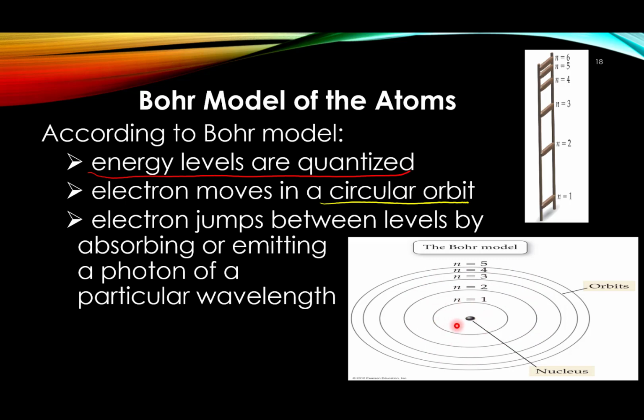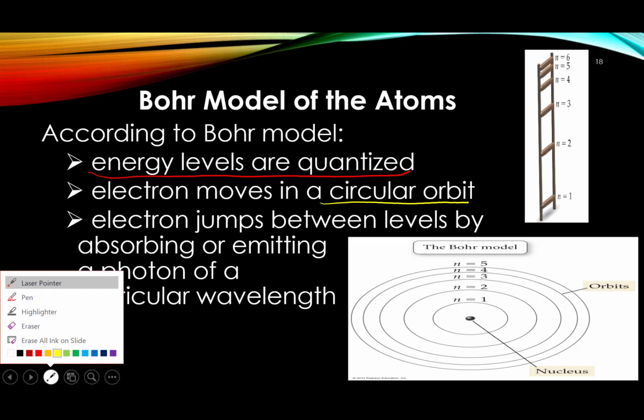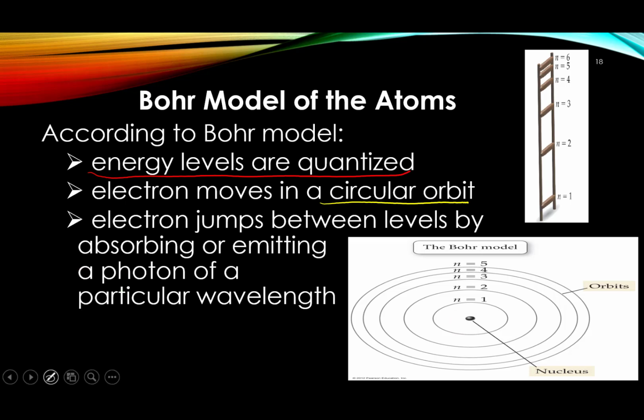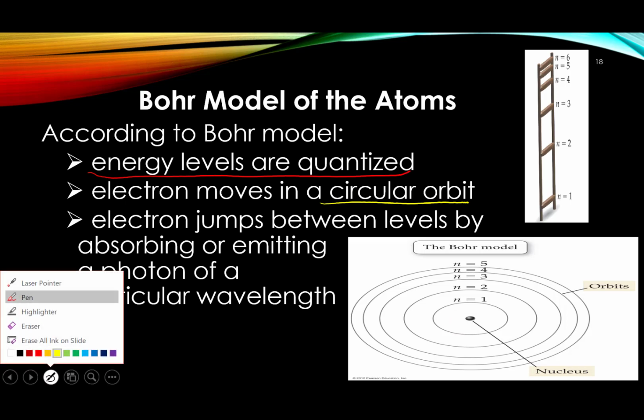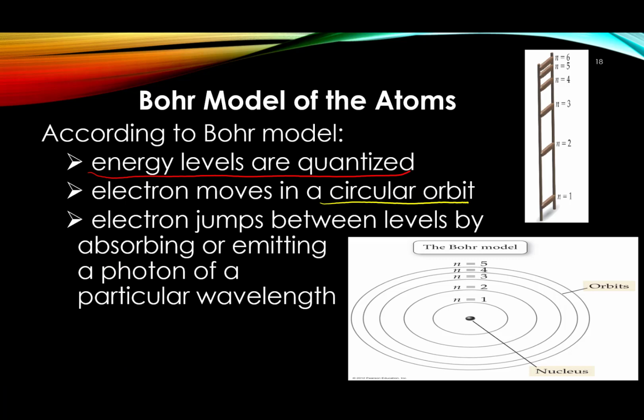He also included that electrons move from a lower energy level to a higher energy level by absorbing energy. And once they go back down, they release that energy. That's something we just learned, going from the ground state to the excited state, and once they go back, they release the energy.